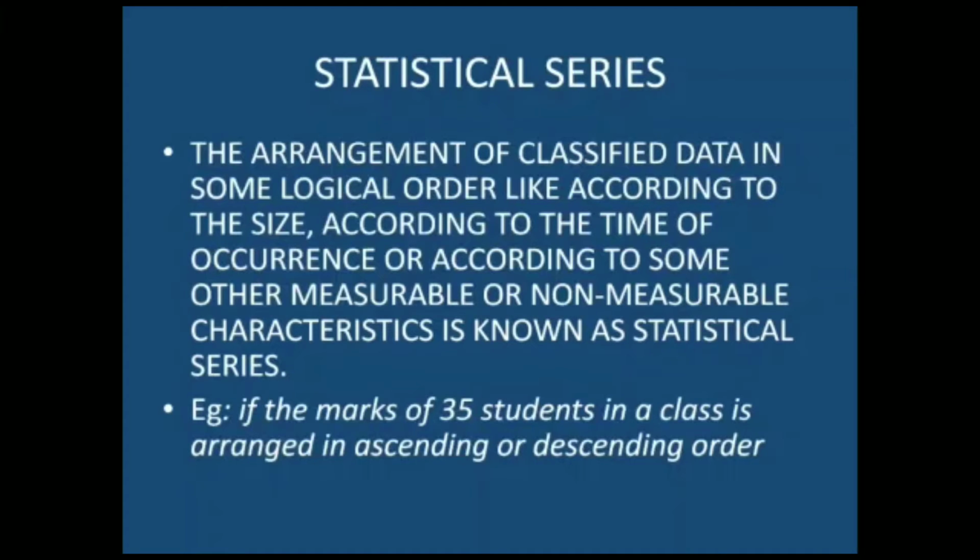So first we have to arrange the data in proper order. That is very important. Here I gave you one example. If the marks of 35 students in a class are arranged in ascending or descending order.